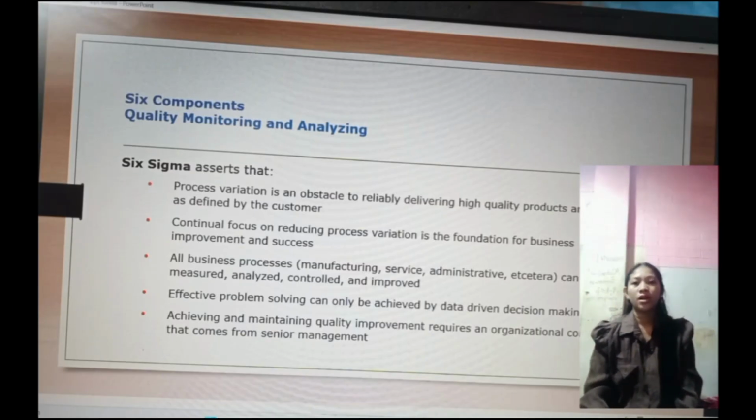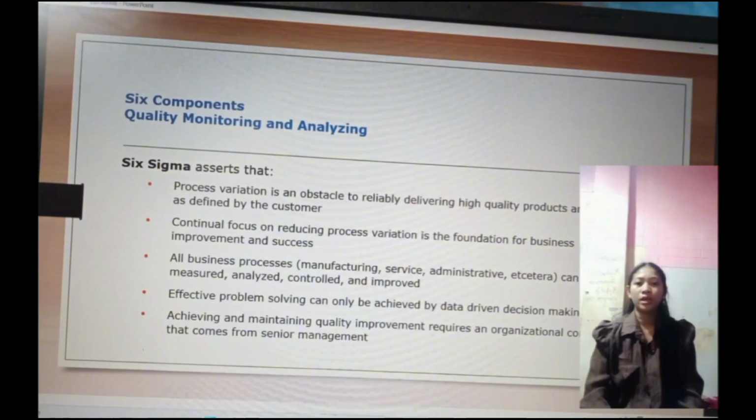By measuring, analyzing, controlling, and improving these processes, businesses can achieve significant gains. Example, a hospital can use Six Sigma to improve the patient discharge process by measuring wait times, analyzing bottlenecks, implementing process changes, and monitoring results to ensure sustained improvements.